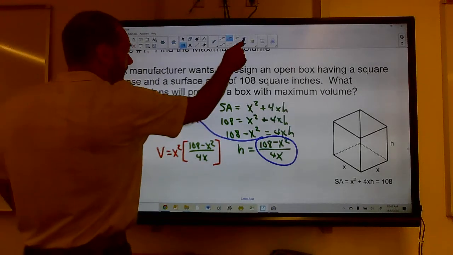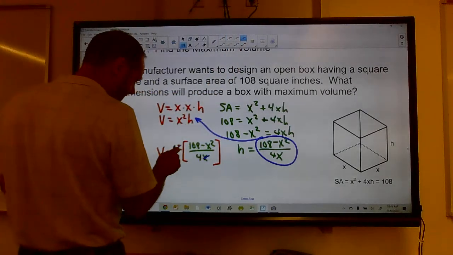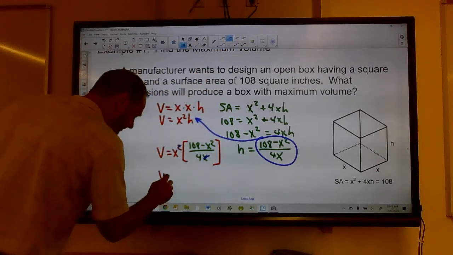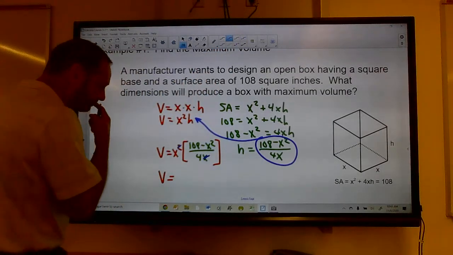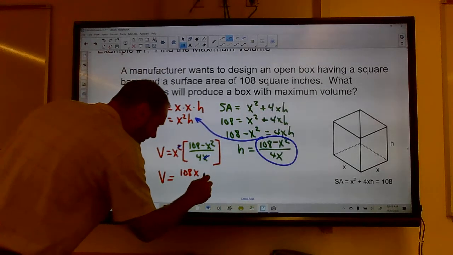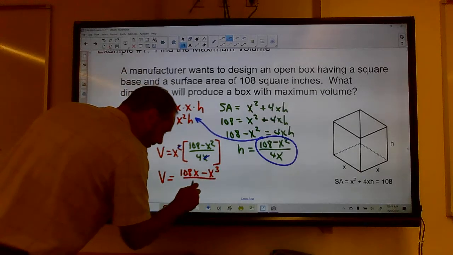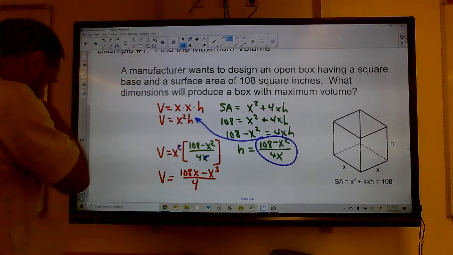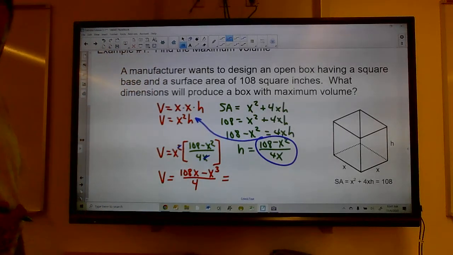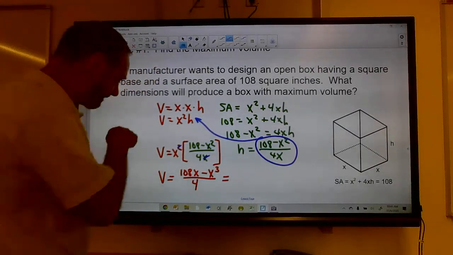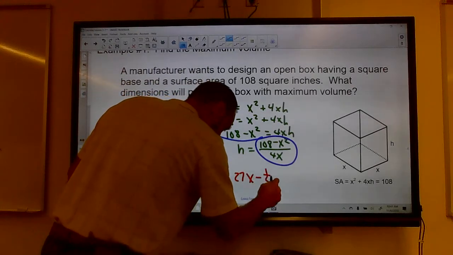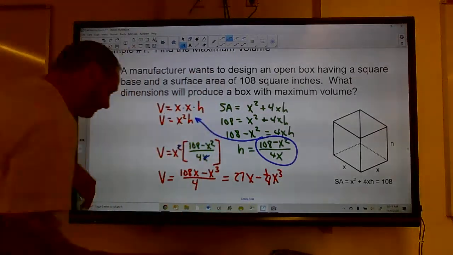So I know that that x is going to cancel out one of those. And so I'm going to end up with V equals (108x minus x cubed) over 4. And I can simplify that a little bit. 108 divided by 4 is 27. So this is going to be 27x minus 1/4 x cubed.